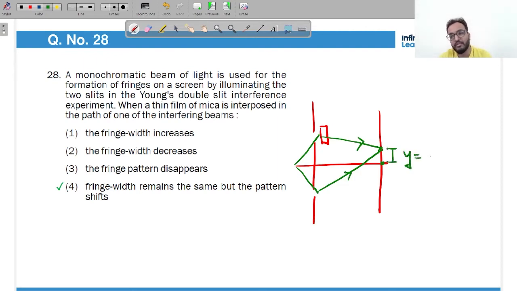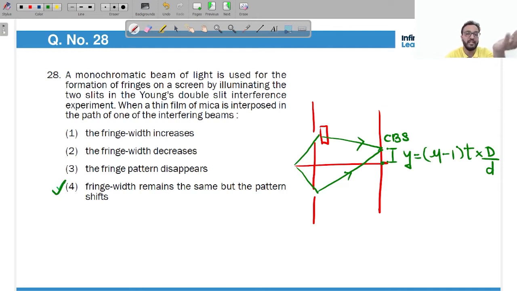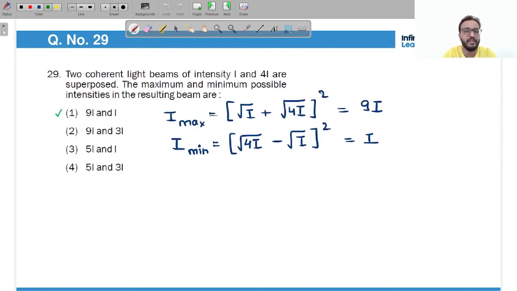Y is equal to mu minus 1 into t into capital D by small d, right? This is the height to which the new central bright spot will shift. So fringe width remains the same, lambda doesn't change, but the pattern shifts in the direction of that slit which is covered with the mica or some other material.